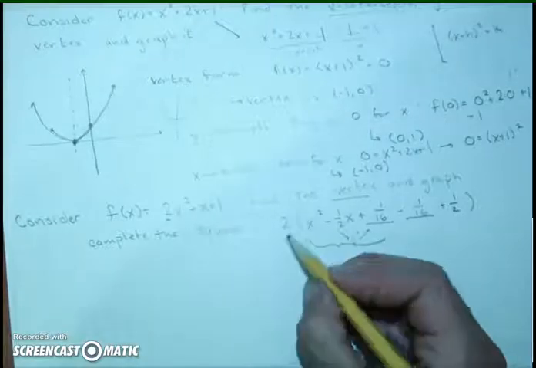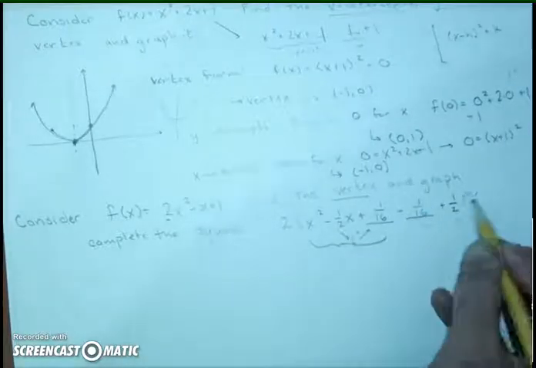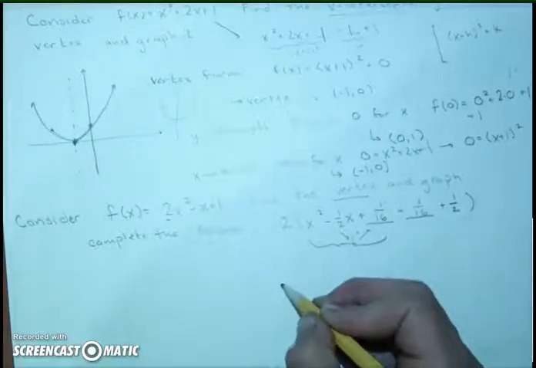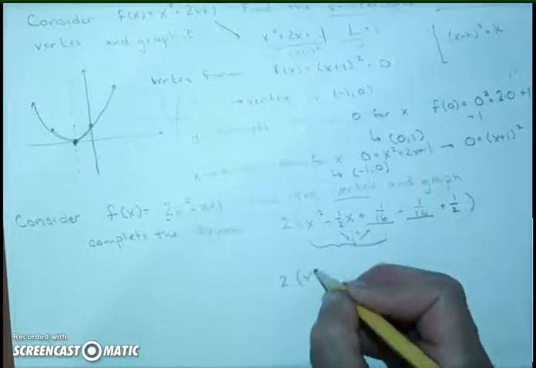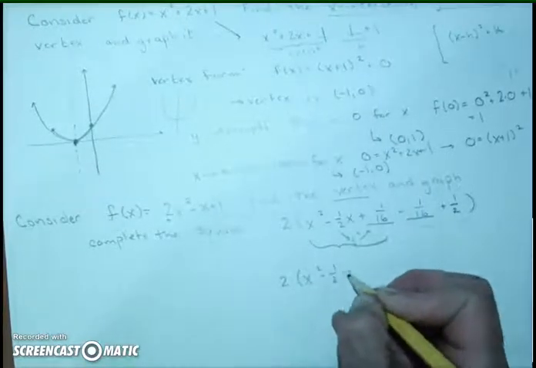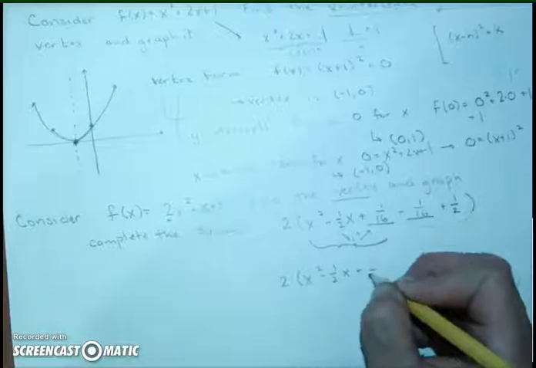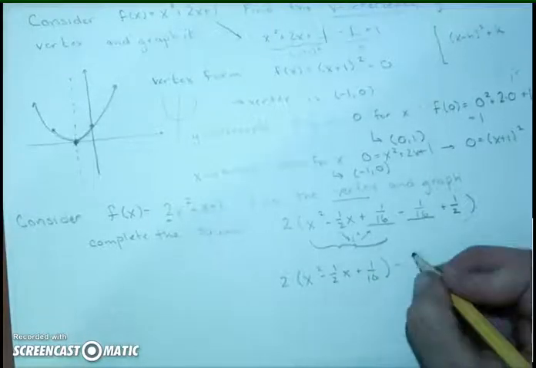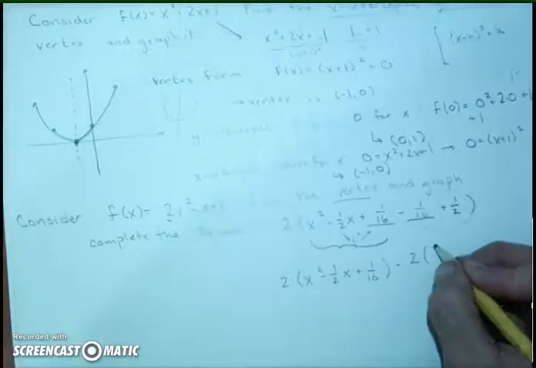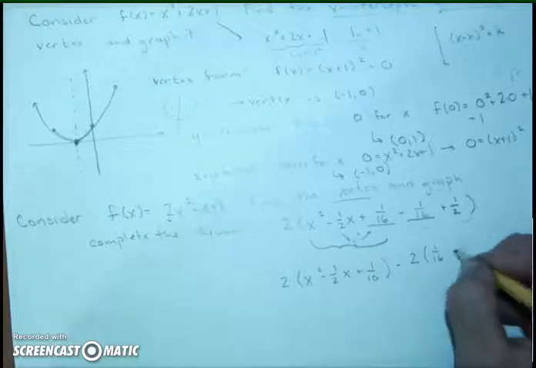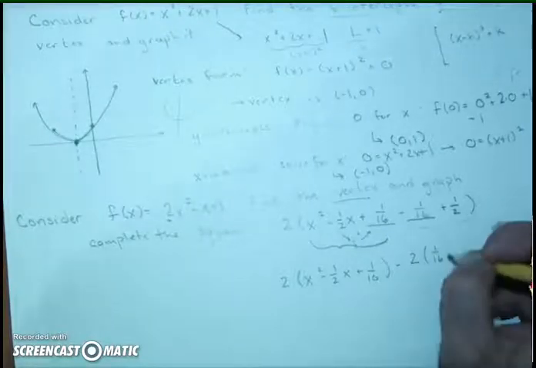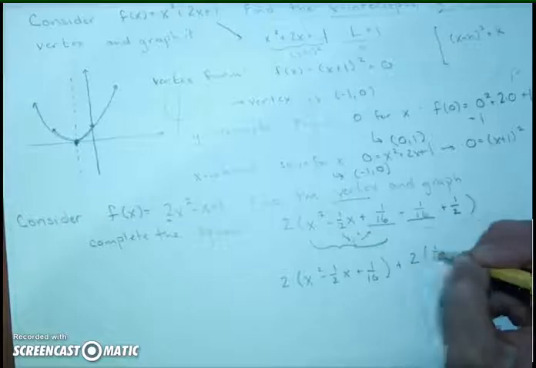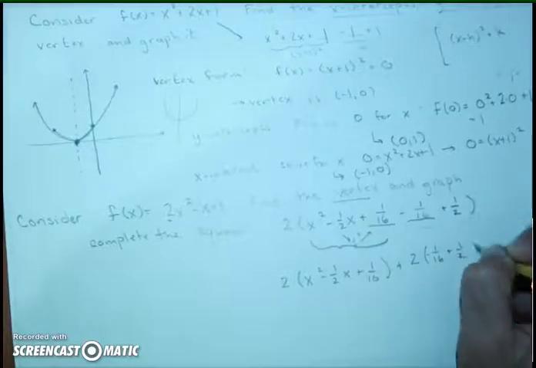But I should distribute the 2 to this leftover constant stuff. So I have 2 times x squared minus 1/2 x plus 1/16, minus 2 times 1/16. Well, I'll do plus 2 times negative 1/16, plus 1/2.